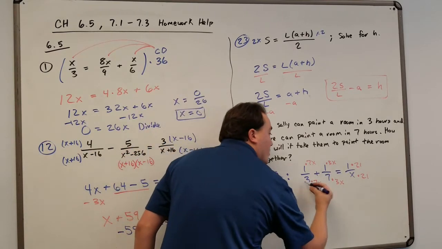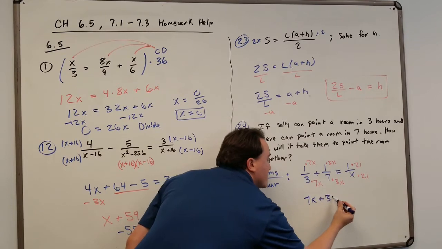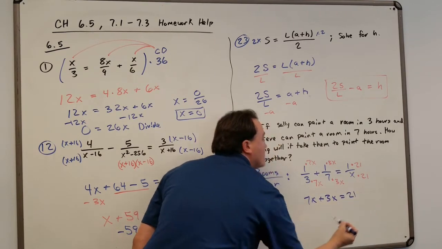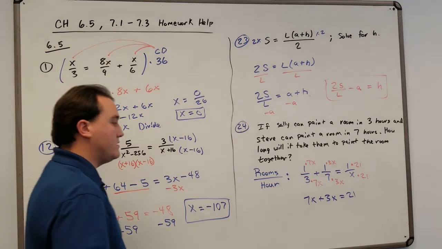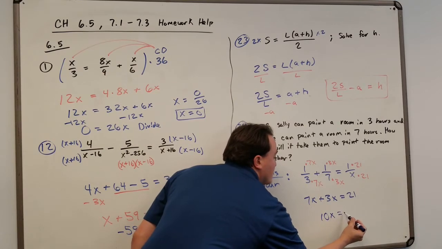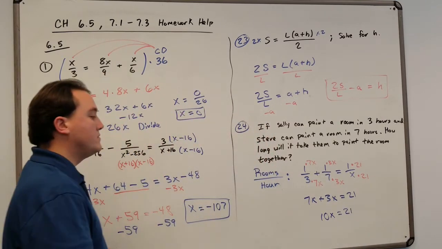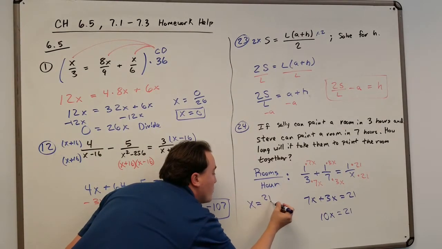If we cancel out all the bottoms, we get 7x plus 3x equals 21. Divide. Well, actually, add like terms, that's 10x equals 21, and then divide. So we get x equals 21 over 10.